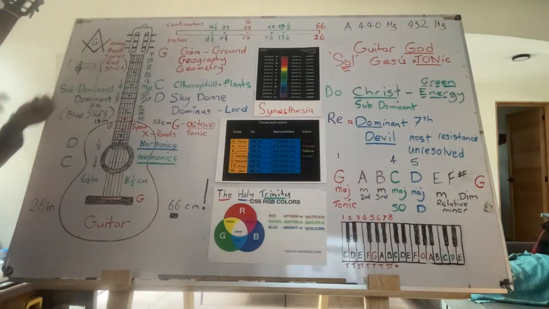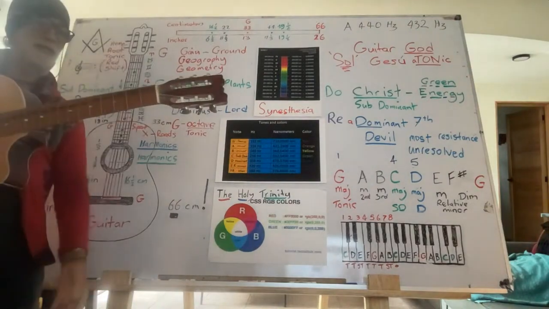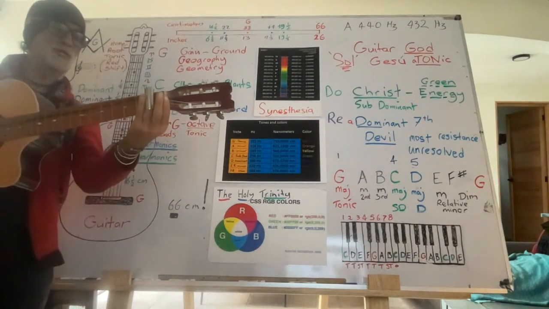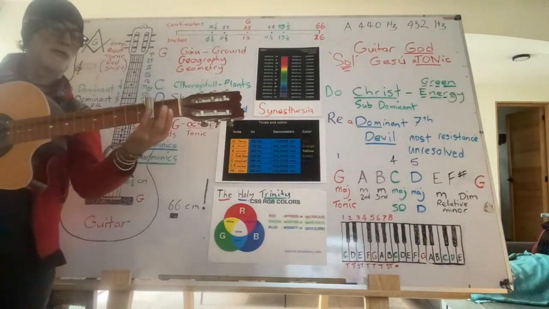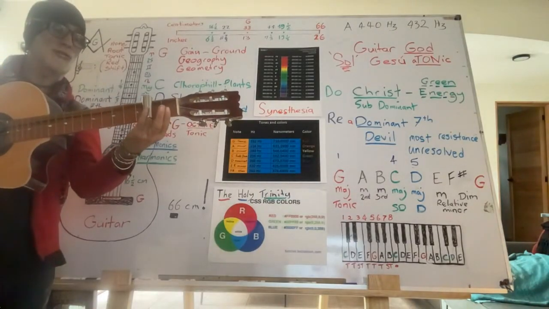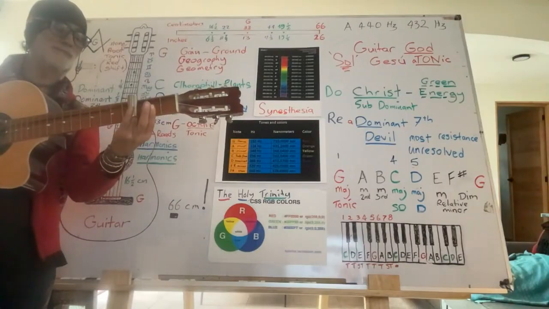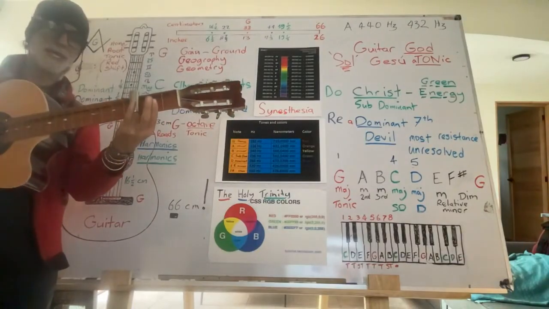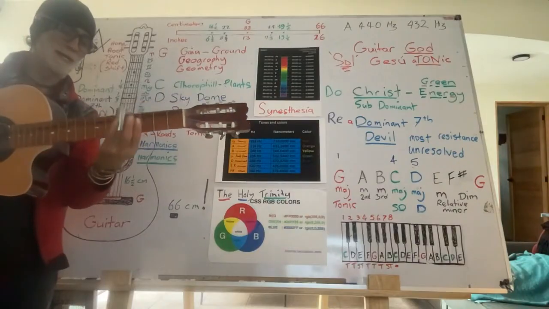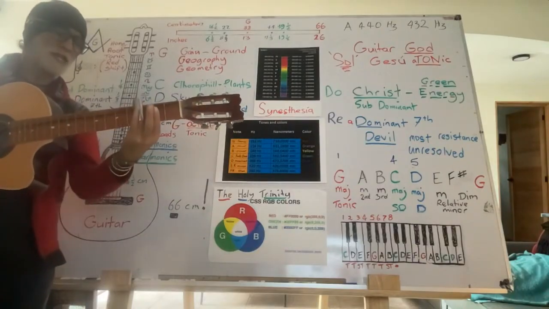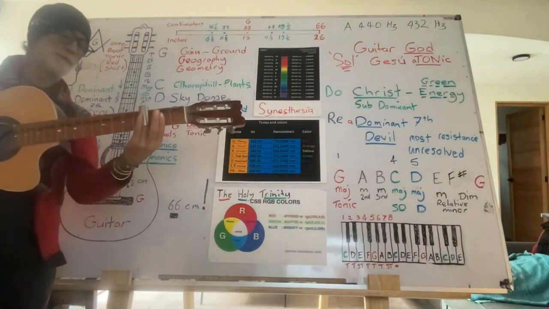And you have all the colors, red, orange, Red Bull, Taurus, A, orange, A sharp, yellow. Some people say B's yellow. I don't care. I think this is yellow. Cancer.